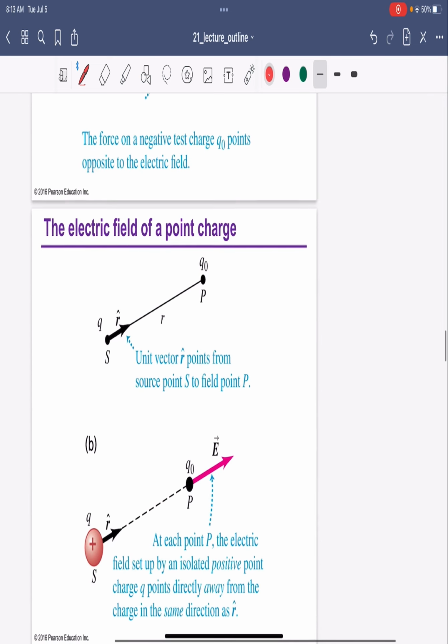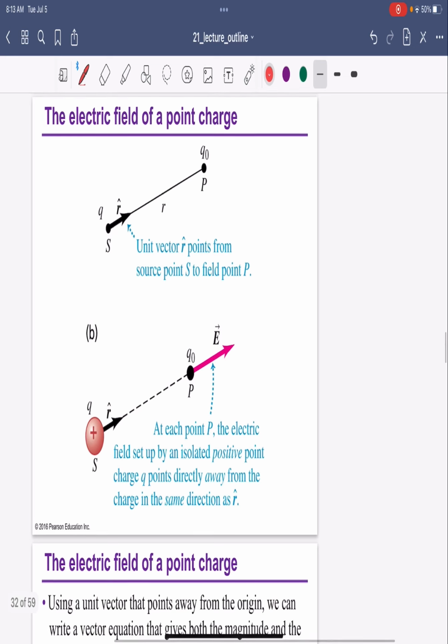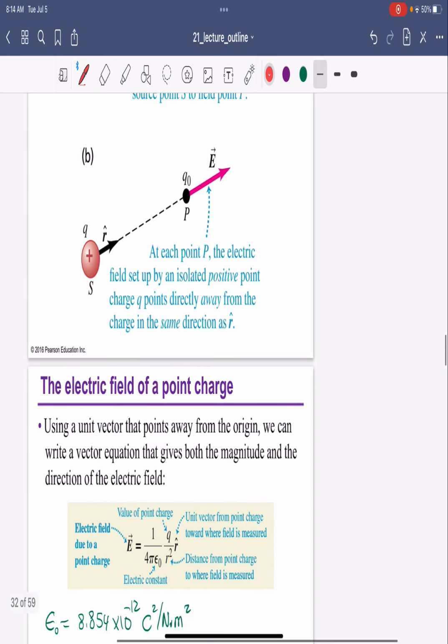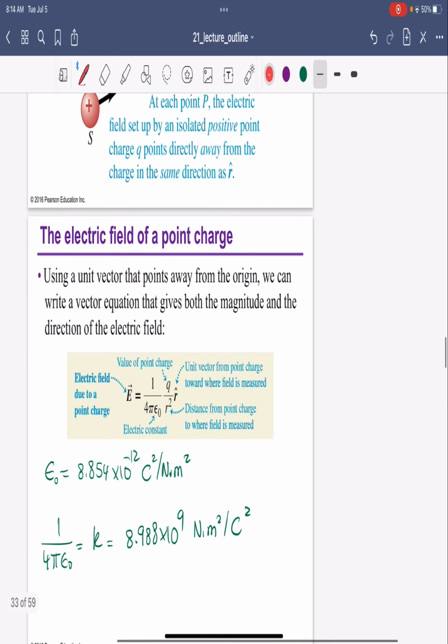Now, here we are talking about the electric field of a point charge. The electric field is a vector that points away from the charge, and if the charge is negative, it points the opposite way. We can calculate the electric field of a point charge using Coulomb's law.